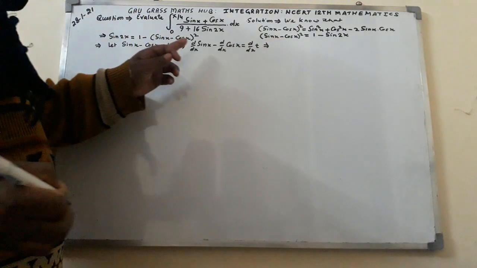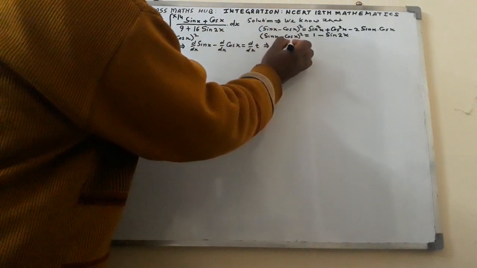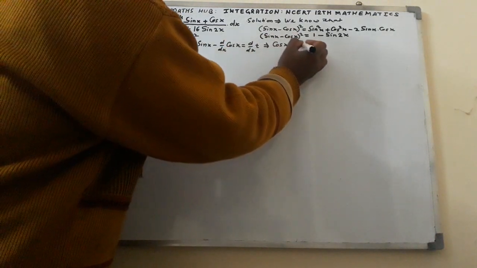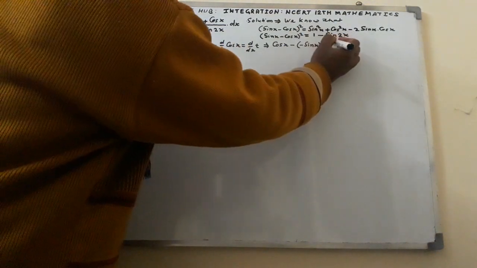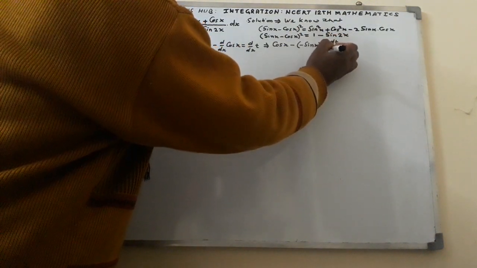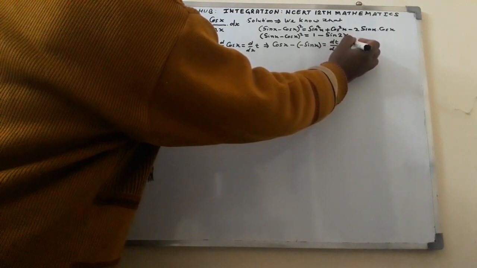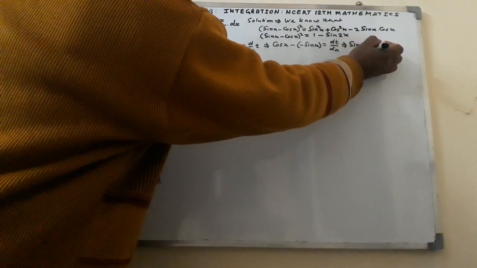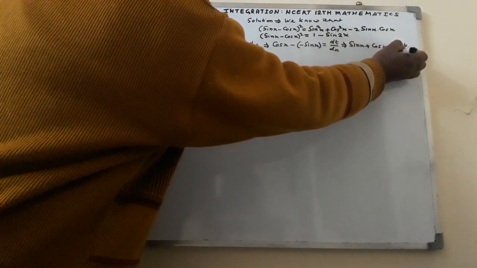Implied that d over dx of sin x comes out to be cos x, minus d over dx of cos x comes out to be minus sin x, equal to dt over dx. Implied that sin x plus cos x equal to dt over dx.